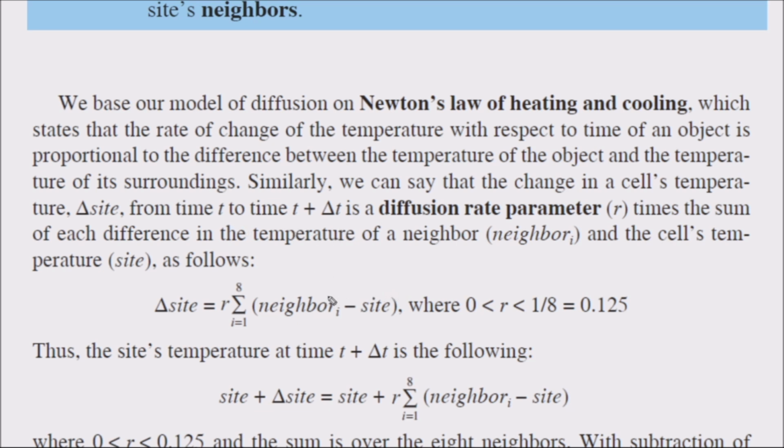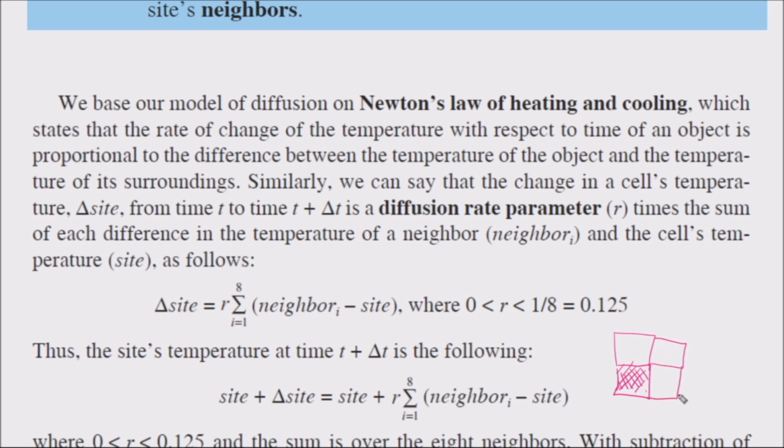This approach is pretty interesting, right? What they are talking about here is when we have one cell which is heating up right now, I call it the hot site, and then the temperature is going to spread around it, so these neighbors are going to get heated up, right?